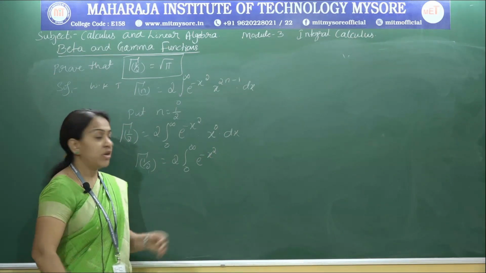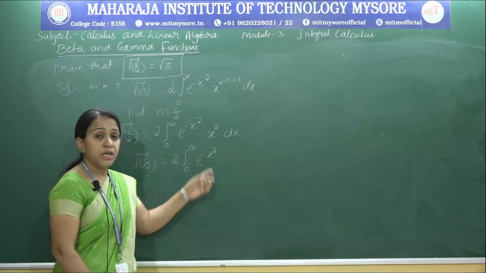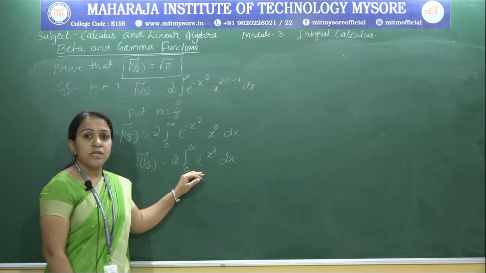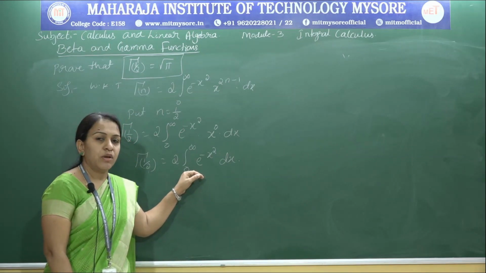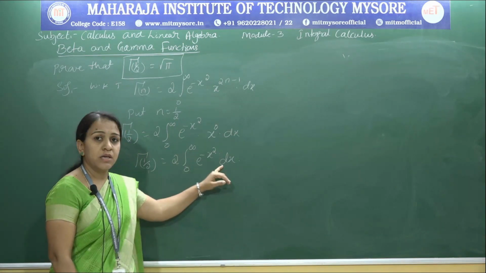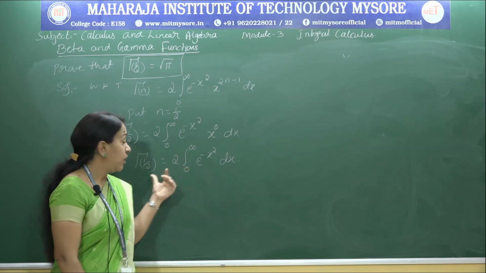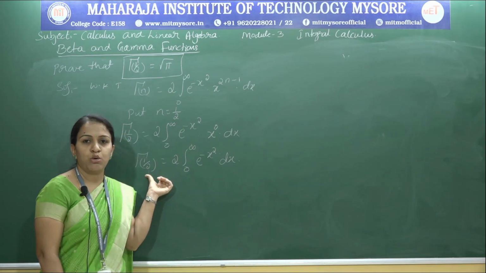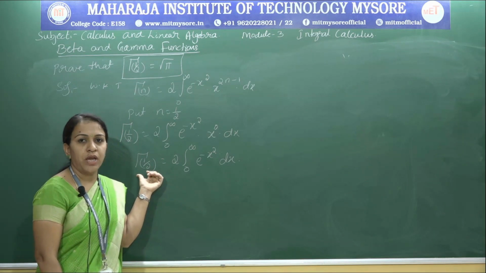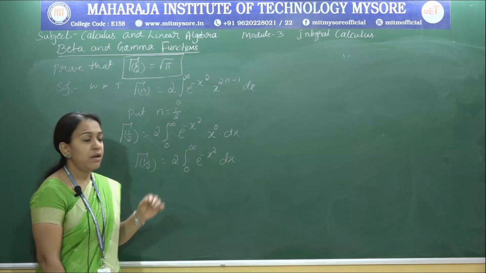Now, you can't integrate this directly. Remember this step. We are going to use this. Whenever we have the integral 0 to infinity e power minus x square dx, this can be replaced in terms of gamma 1 by 2. 1 by 2 times gamma 1 by 2 or gamma half can be replaced, and of course we are going to prove gamma half as root pi, right.